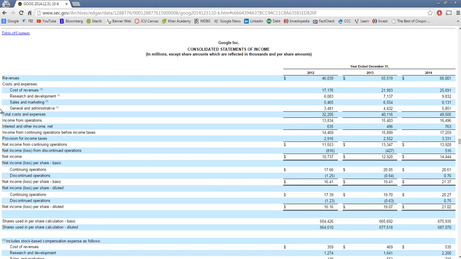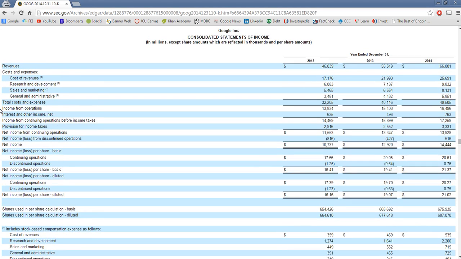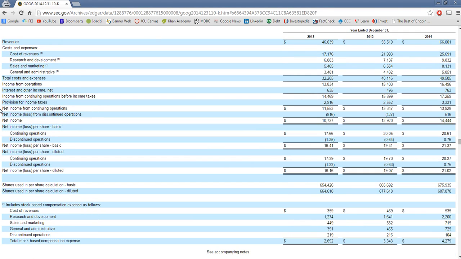So that's the importance of these income statements. It's a way of looking at how much they are making from their core business, how many gains and losses they are getting from other aspects that aren't their core business, and how much they are paying for taxes. You can see right down here, net income is the bottom line, profit essentially.